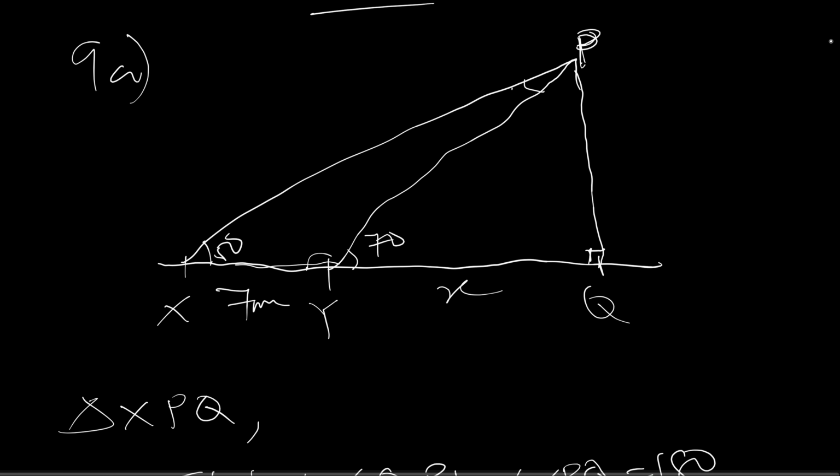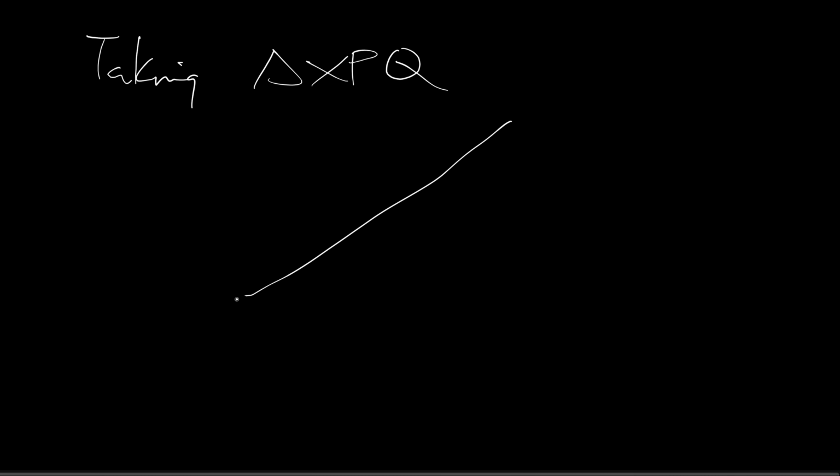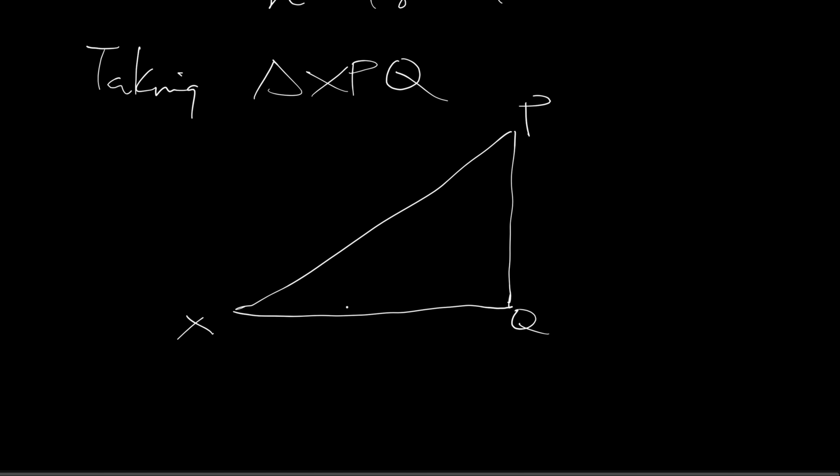Now when we take triangle XPQ, we have this triangle. We have our Q, our P, and our X. The angle PXQ is 50 degrees, and here is 90 degrees.